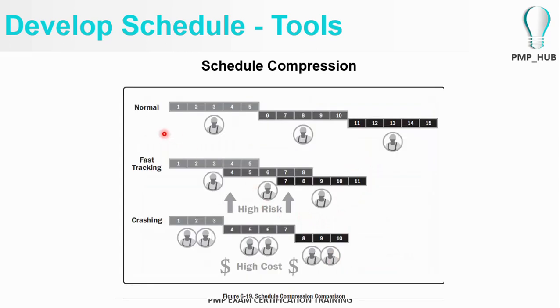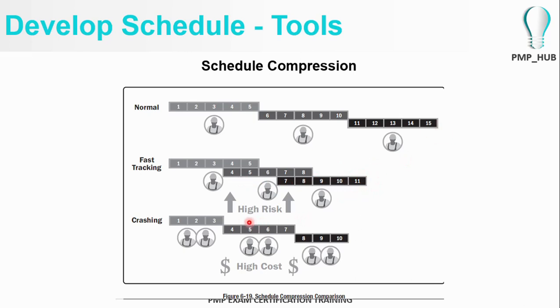If you take this example, it takes 15 days to complete these 3 activities with 1 resource each. Fast tracking is doing activities in parallel. One method is using the same amount of resources and seeing whether we can do things in parallel so that the project ends by day 11 and not day 15.